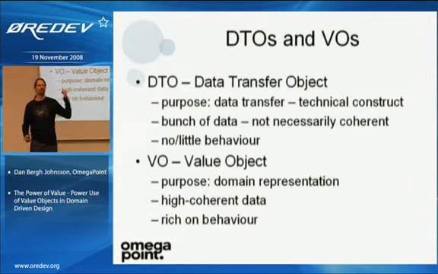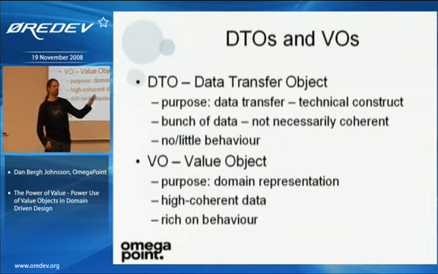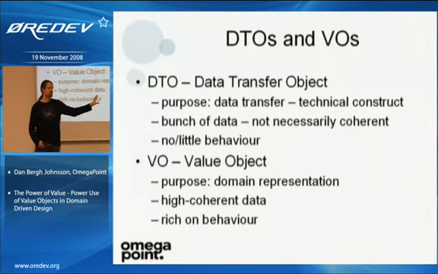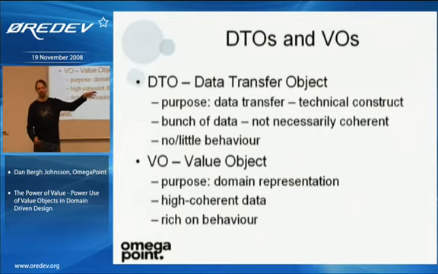Value object is a phrase that goes back to, well, at least Smalltalk, and predates Smalltalk by talking about values back in functional programming in Lisp, for example. So it's back to the 50s.